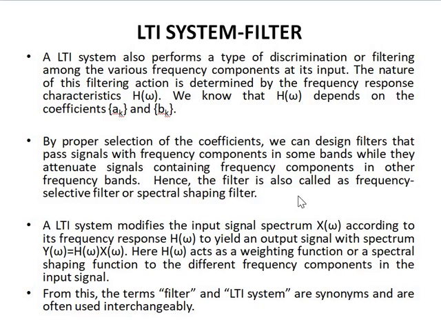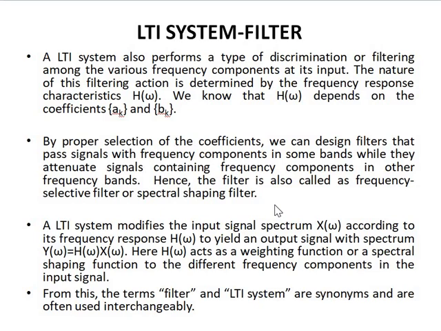That's why here the filter or the LTI system is also called a frequency selective filter or spectral shaping filter. Why? Because here our LTI system, linear time invariant system, or the filter selects only the desired frequency components of the input, not the undesired frequency components of the input.